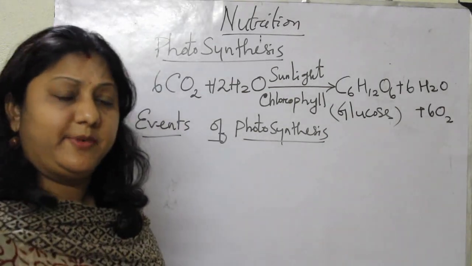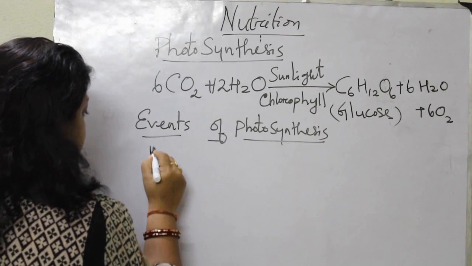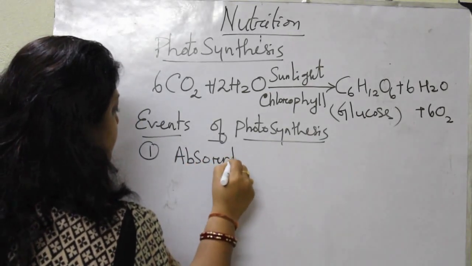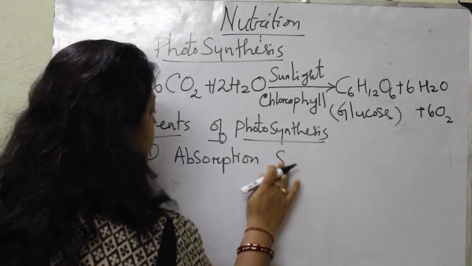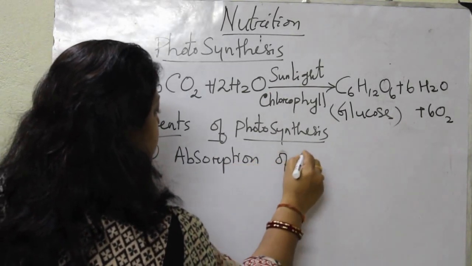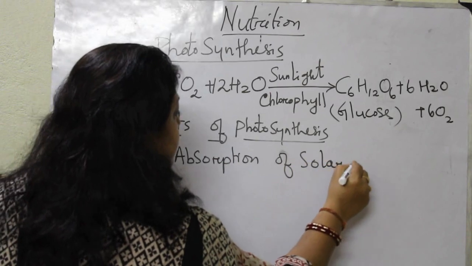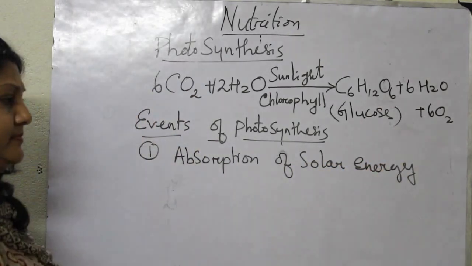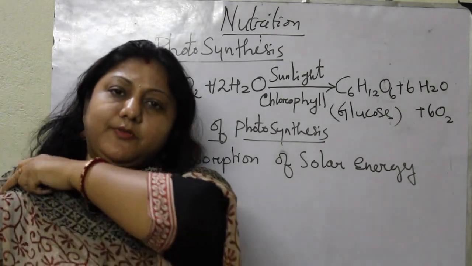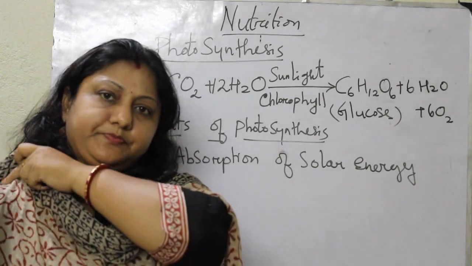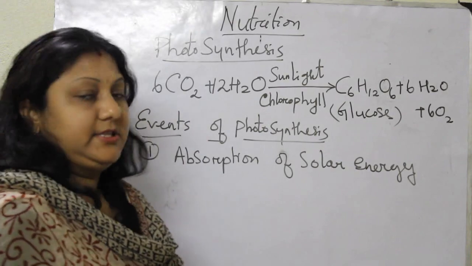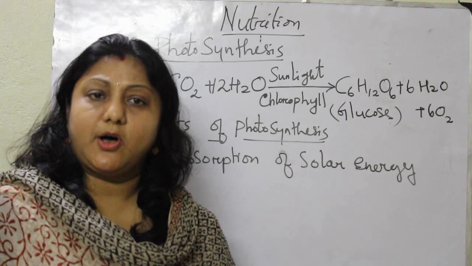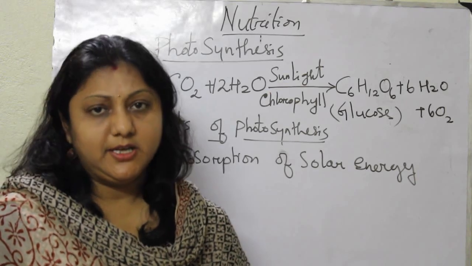The first event is absorption of solar energy. So the first thing, the solar energy must be trapped or absorbed by the cells of the plant.